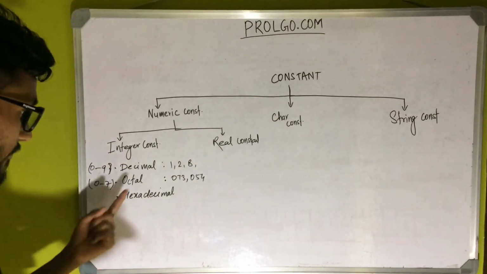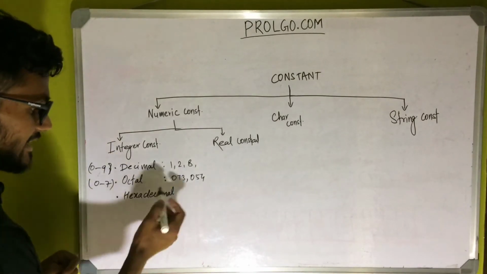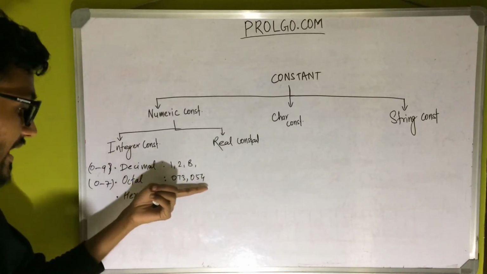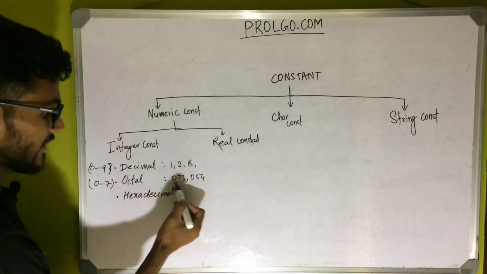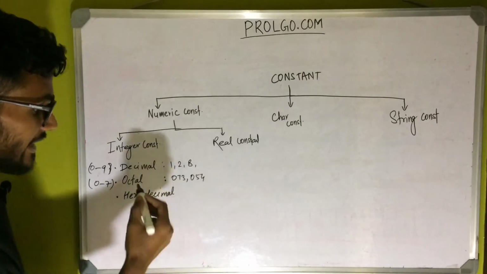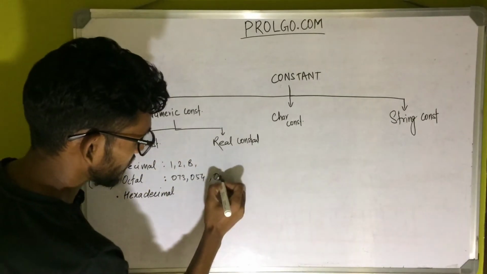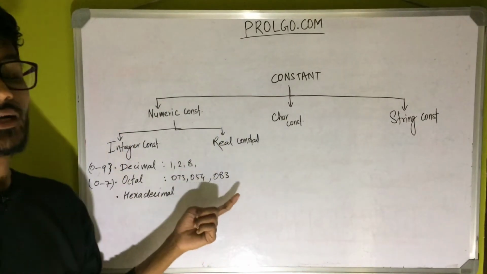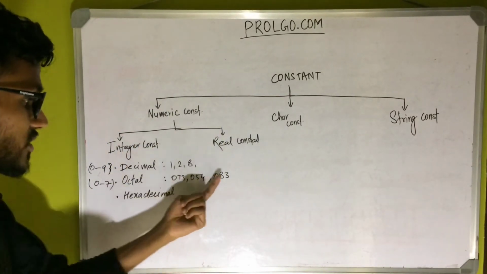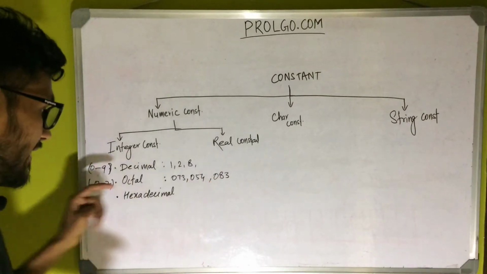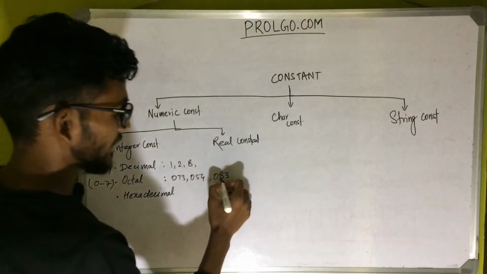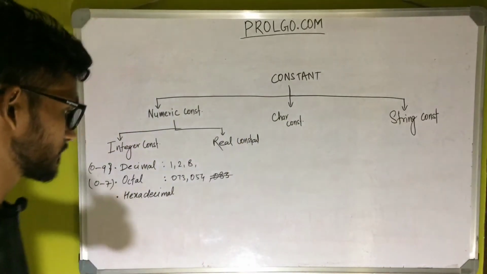So if someone says this number is octal, of course it is, because it contains only 0 to 7. If someone says 083 is an octal number, no, it's not, because you have included 8 and the range is 0 to 7. So this cannot be an octal number.